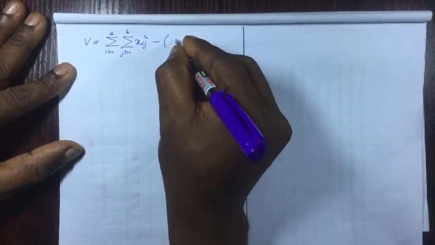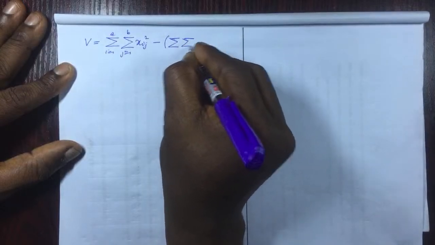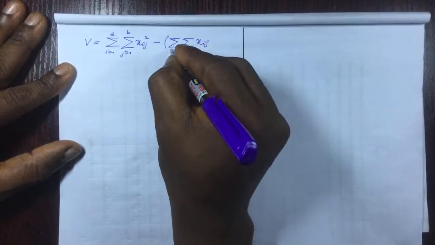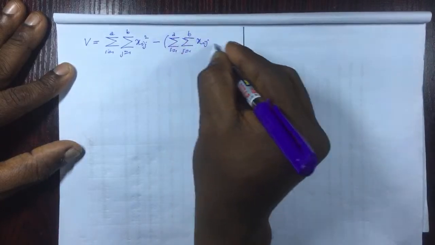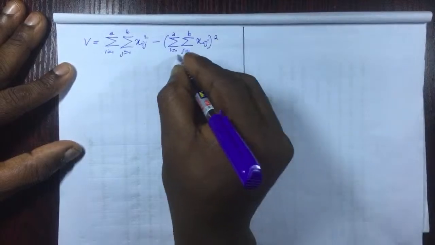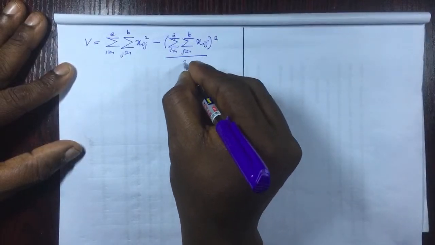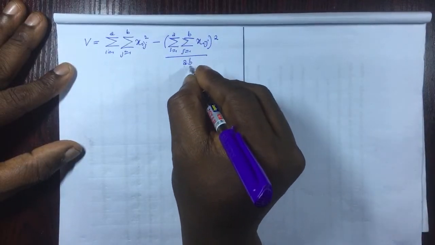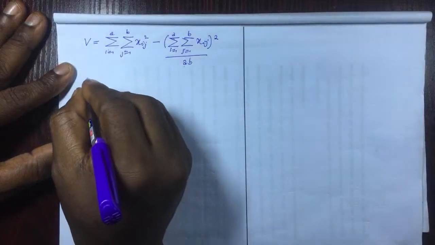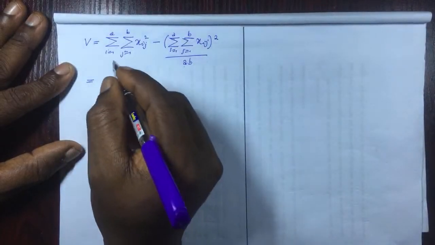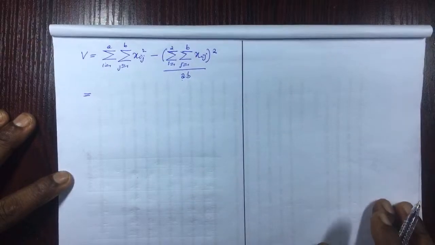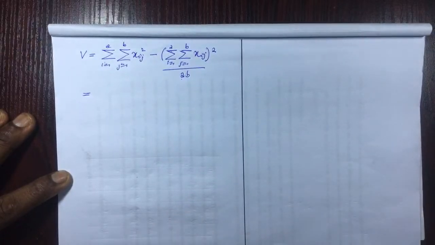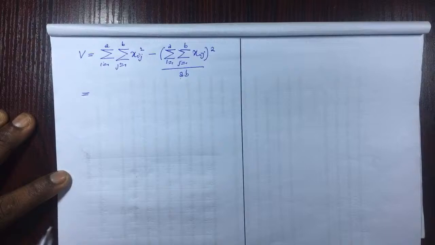Now, you subtract the summation of all observations from i equals 1 to A, j equals 1 to B, all squared, divided by AB, the number of treatments times the number of levels. If you perform this for this particular problem, this would mean summing the square of every observation.